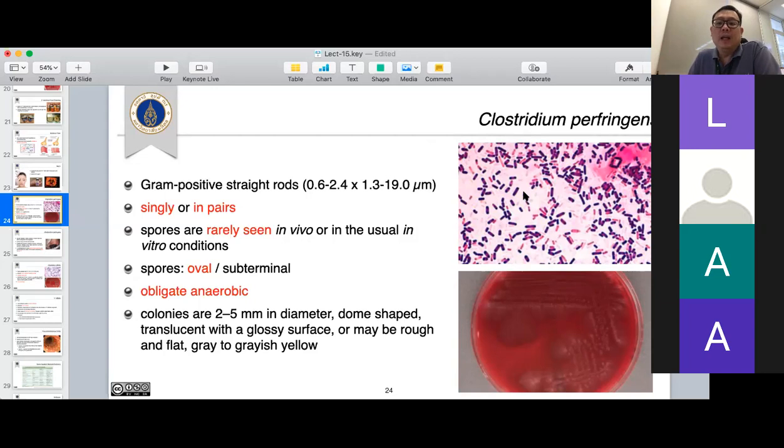You can see perfringens as a single cell or in a pair. That's the characteristic of perfringens. Spores are present subterminally, but you cannot see spores easily. Spores are not produced easily in culture, even in vivo. This is a characteristic of perfringens.